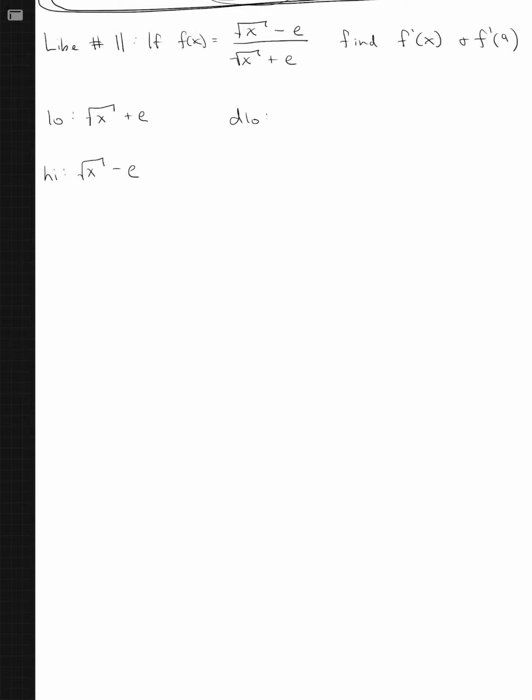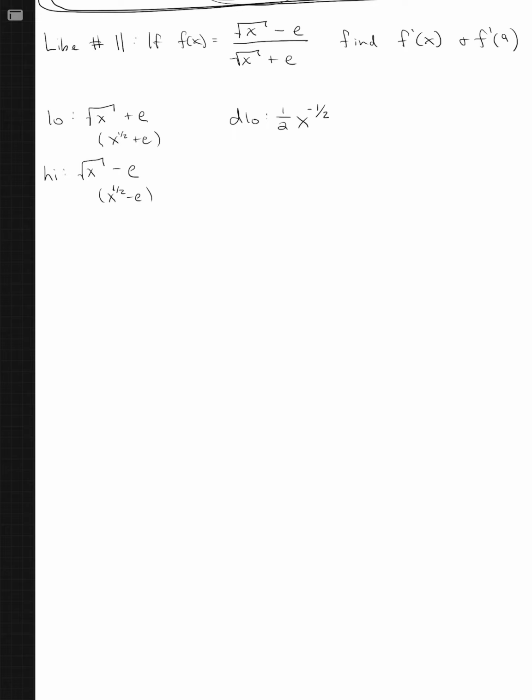The square root of x is just a power function, with the power being 1/2 again. Recall this is x to the 1/2 plus e. This is x to the 1/2 minus e. So we're going to get 1/2 x to the negative 1/2, right? Because we bring that 1/2 power down and then we subtract 1 from it. And e is just a constant, right? e is a number.